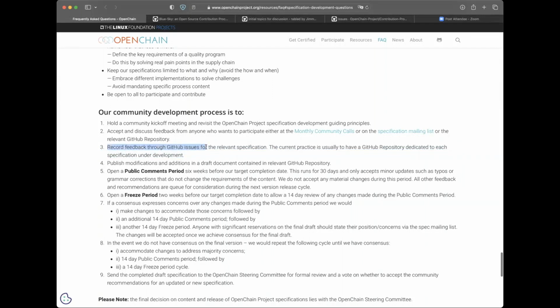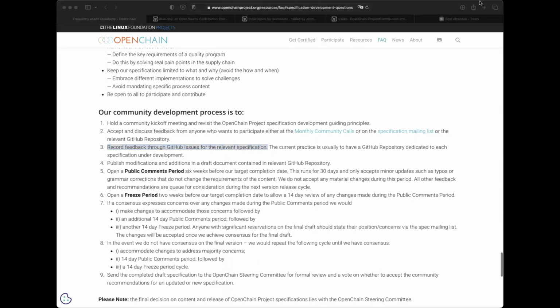Here it says we record feedback through GitHub issues for the relevant specification. I'm going to make a quick change, and just like the other change, it's not intended to change the meaning of what we're doing, just to clarify things. And I'm going to change it to say, we accept GitHub issues. My apologies.